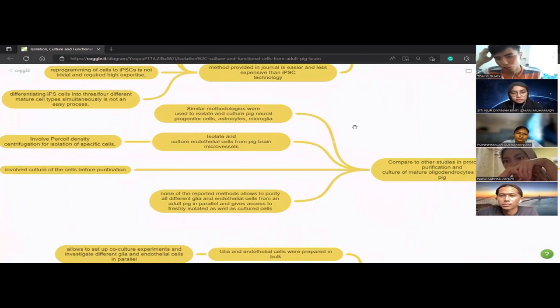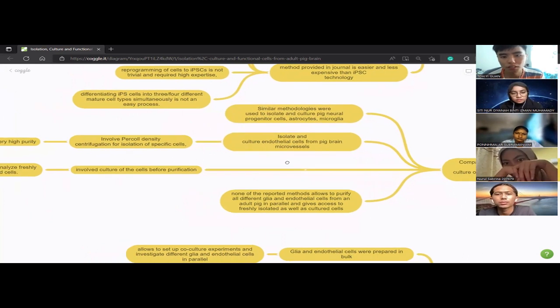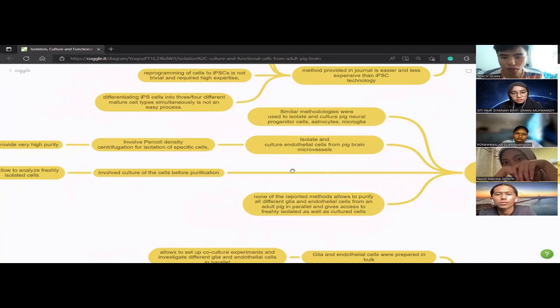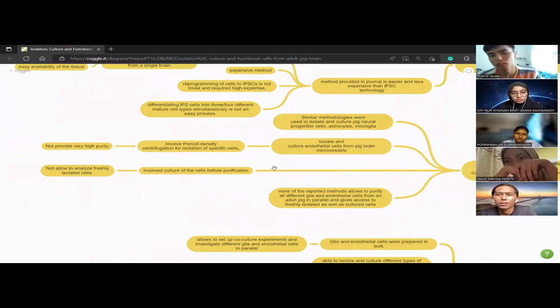Besides that, it also mentioned another study which isolated and cultured the endothelial cells from the pig brain microvessel. What's special about it is that it involves Percoll density centrifugation for isolation of specific cells. However, it cannot provide a very high purity.